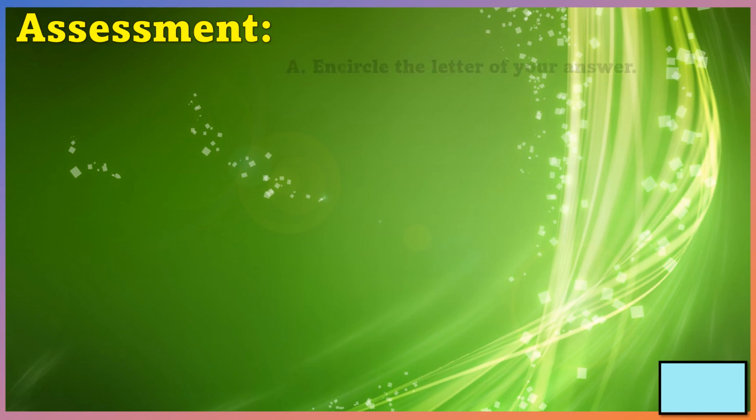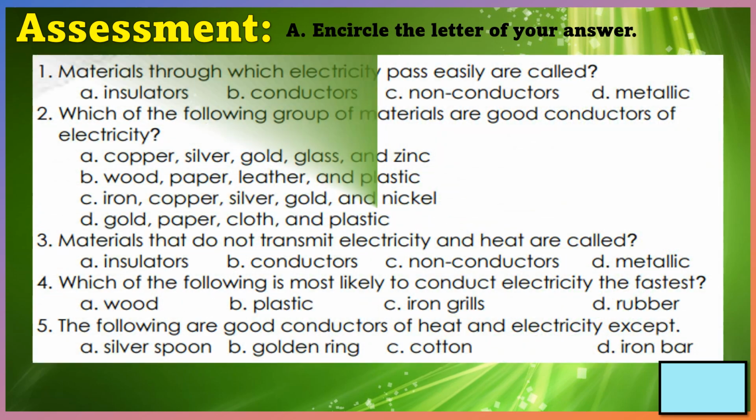For the assessment, letter A, write the letter of your answer. So 1. Materials through which electricity pass easily are called A. Insulators, B. Conductors, C. Non-conductors, or D. Metallic. Number 2.